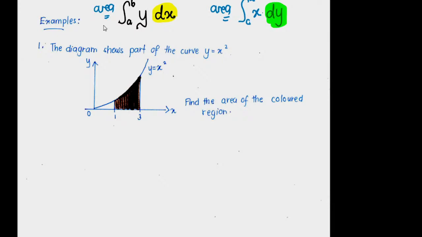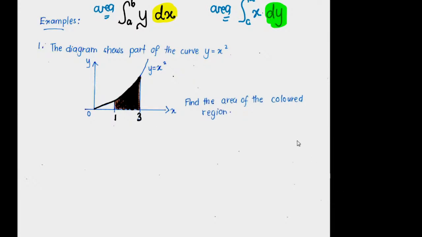They already draw for you. Look at the area shaded in black color. This area under the curve is from which limit to which limit? You can see it's from limit 1 to limit 3. They only want the area for this part only.